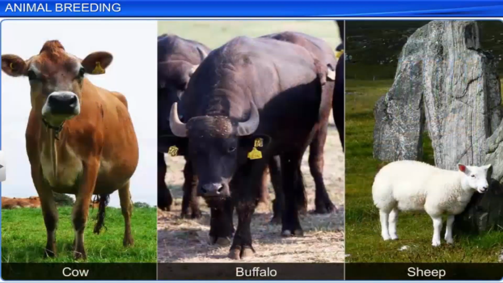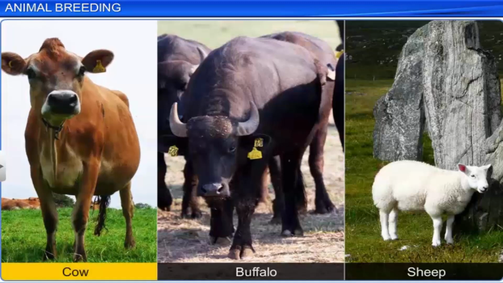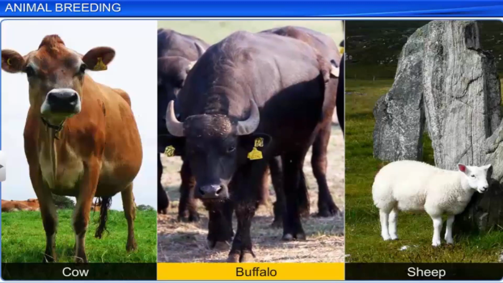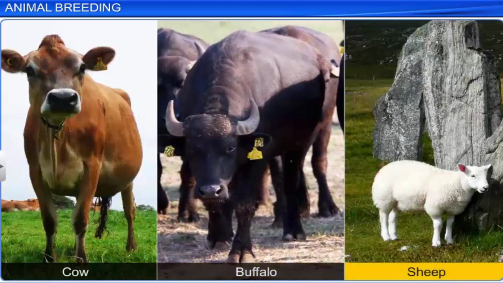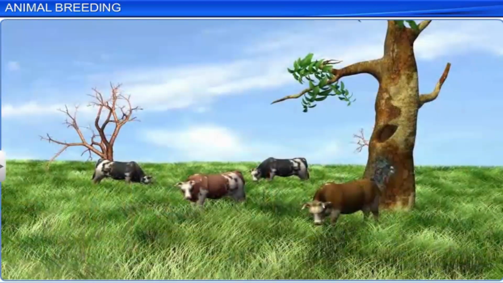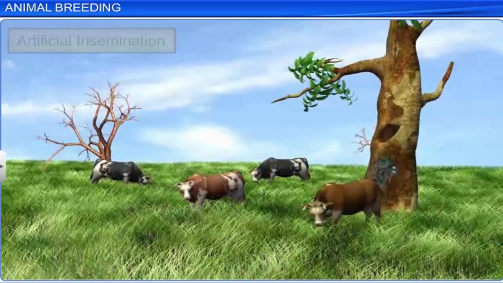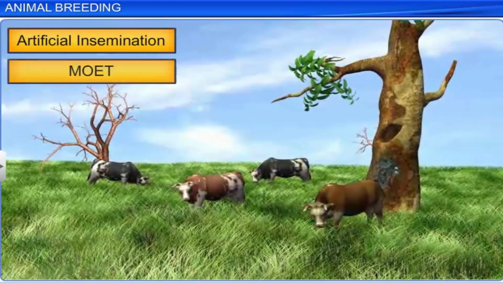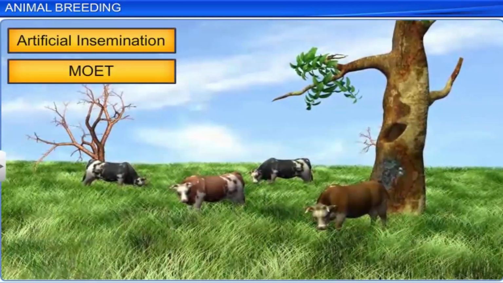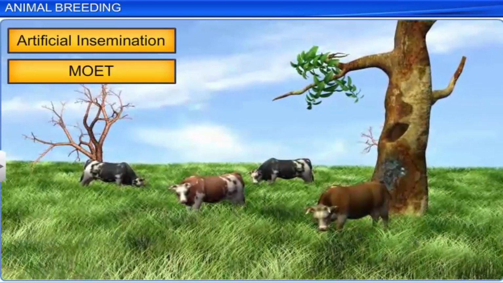MOET is widely carried out in animals such as cattle, buffaloes, and sheep. So different techniques such as artificial insemination and MOET, along with various inbreeding and outbreeding methods, are employed in animal breeding to produce offspring with superior qualities.